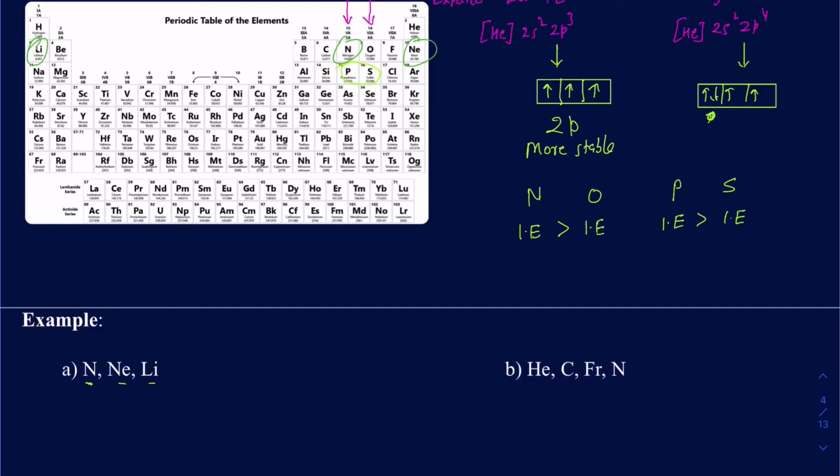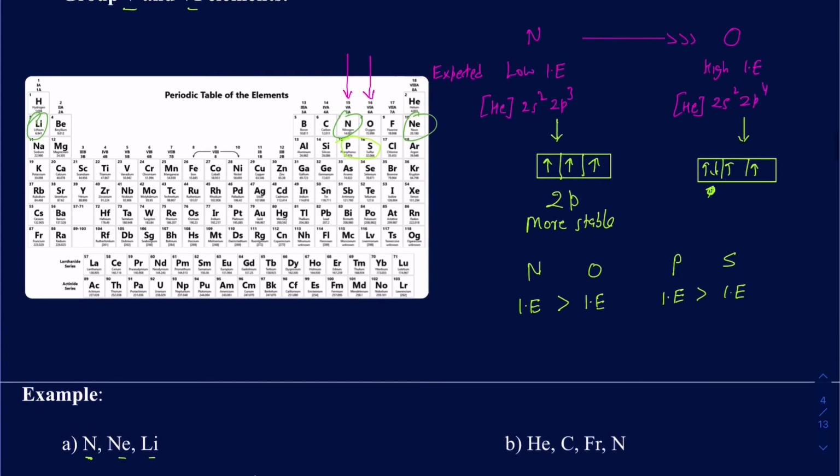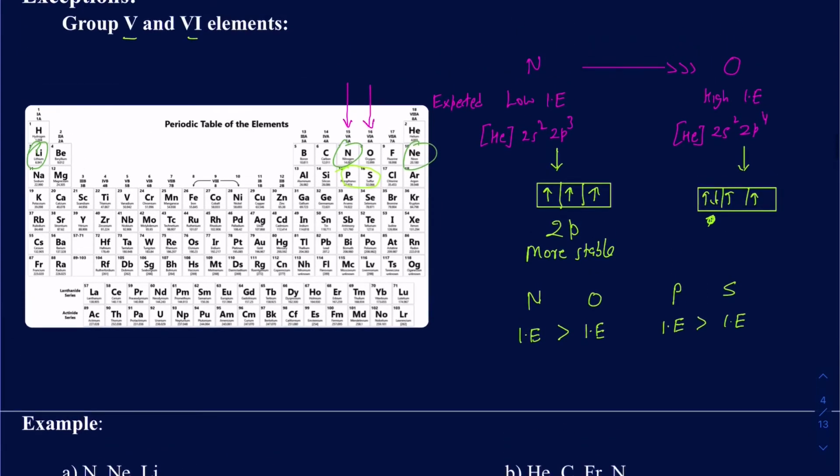So that means lithium is going to have the lowest ionization energy, followed by nitrogen, and then after that neon is going to have the highest ionization energy. Usually noble gases have high ionization energy because they already have a stable electronic configuration and they don't want to lose an electron in that particular case. But just remember this particular exception of group 5 and group 6A.